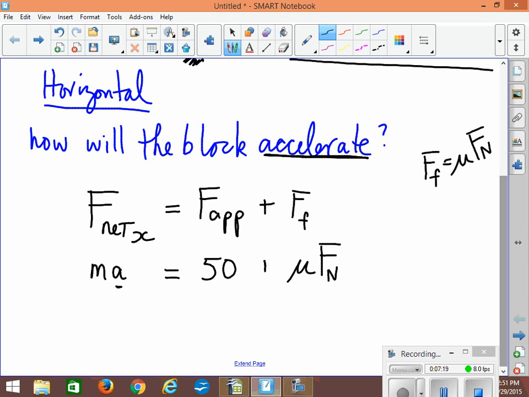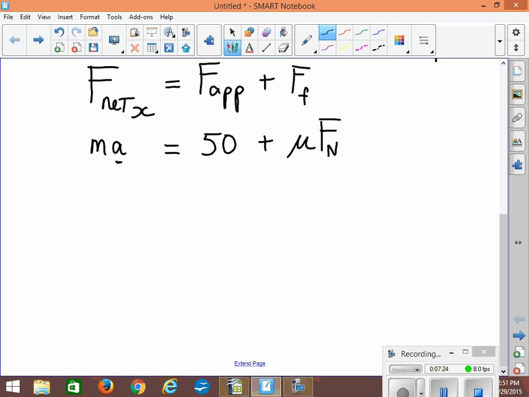Or, if you wanted, the general rule that I always use to help myself is: don't put any signs in until you're ready to put in numbers. And since I didn't put any numbers in yet, watch what I do now. No numbers here. I'm choosing a positive sign for the 50. Now I'm putting the numbers in. That's when I also put in the sign for the direction.